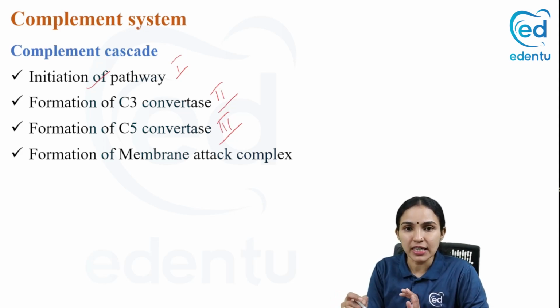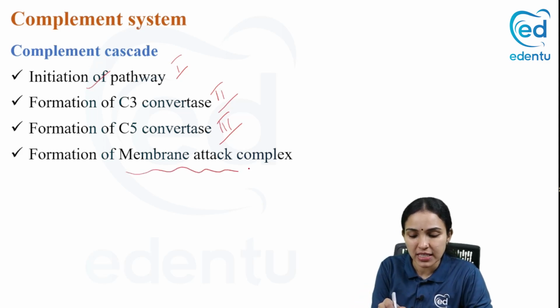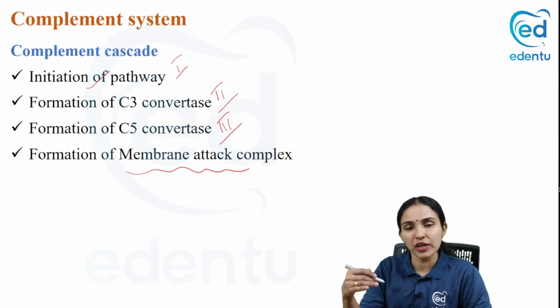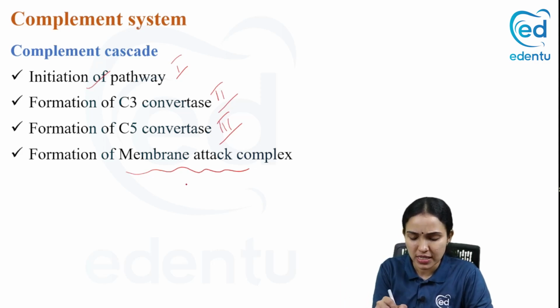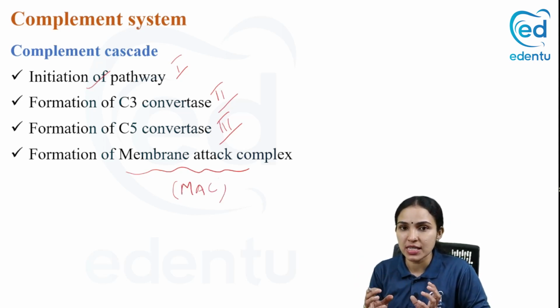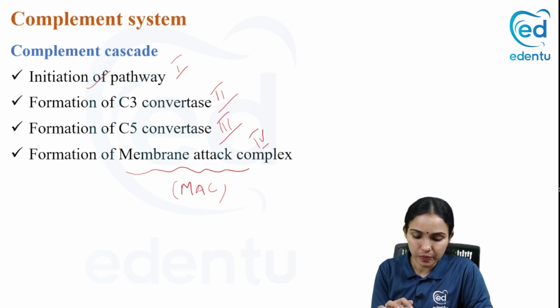And finally, all these will end up in formation of the membrane attack complex, or MAC. That will cause the lysis of the target cells. So these are the 4 important steps in any complement cascade.